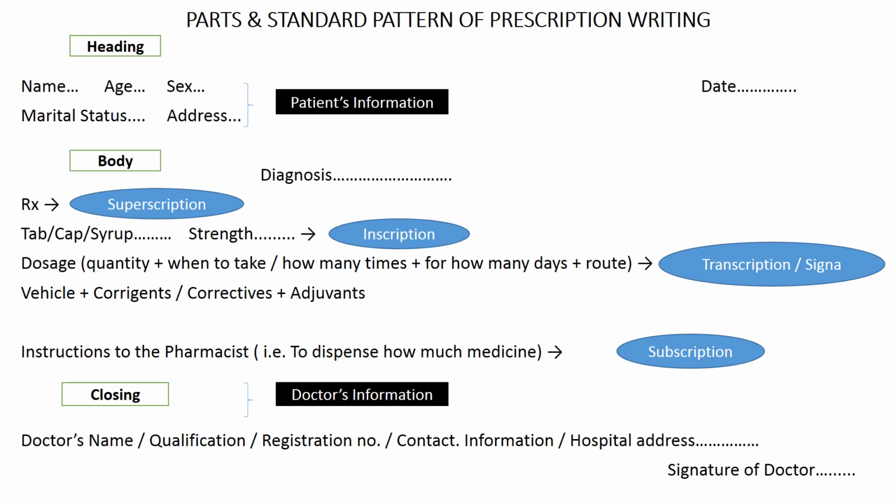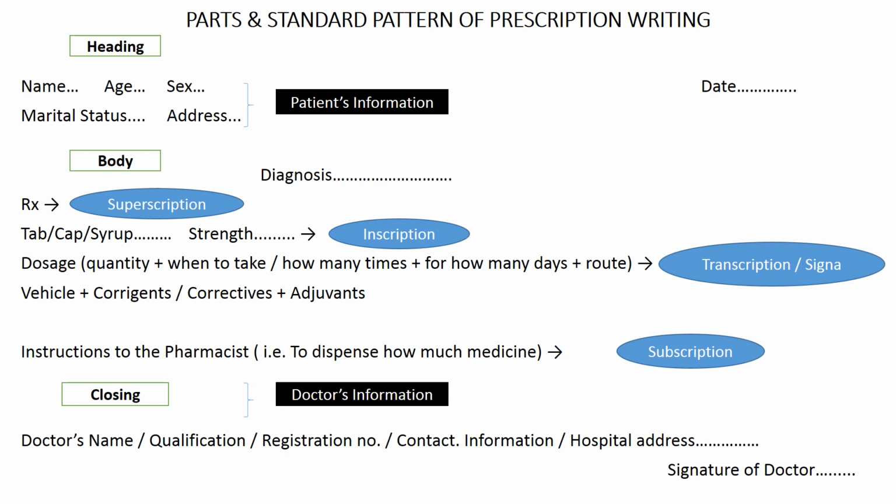After inscription, you have to write transcription or signa, which includes the dosage of the drug, that is the quantity, when to take and how many times to take the drug, and for how many days, along with the route of administration. If there are any vehicle, corrigents, correctives, or adjuvants, you have to write them.